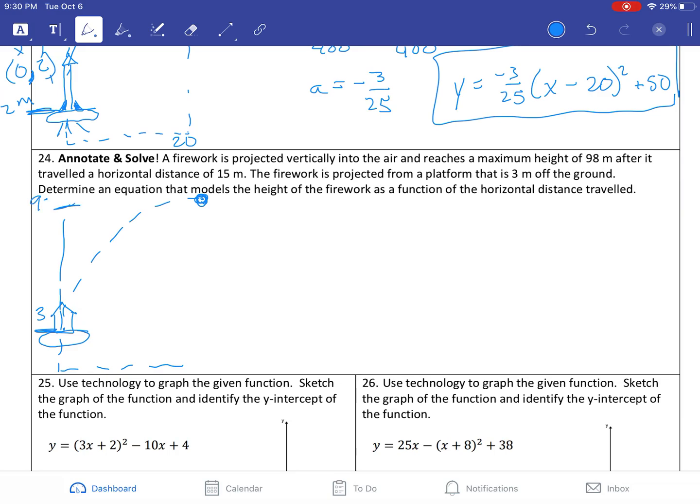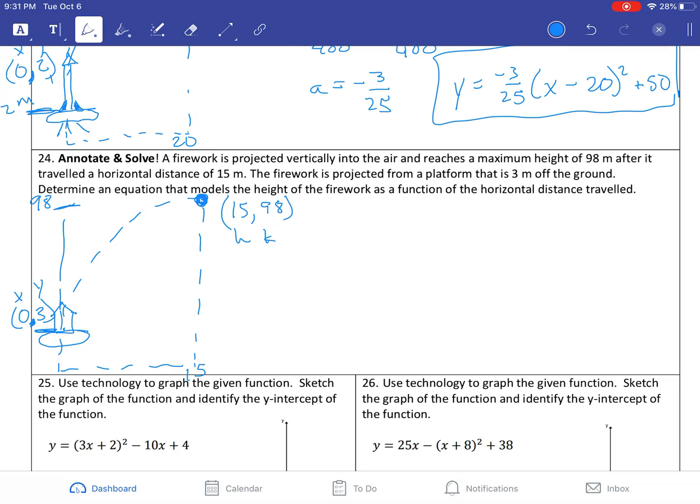So the height is 98, and the horizontal distance going left and right is going to be 15. So this point is an x, y of 15, 98. This is your h and your k. On this point over here at 3, it's going to be 0, 3. This is your x and your y.